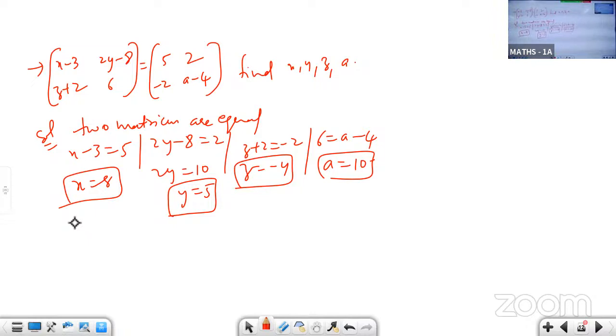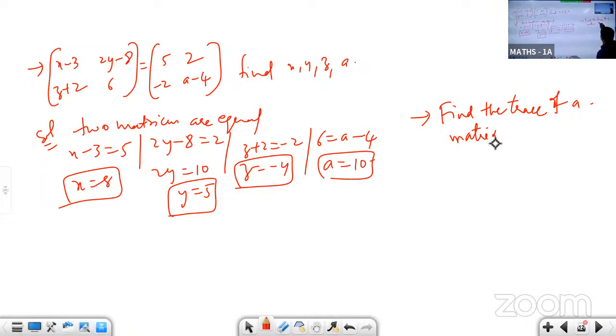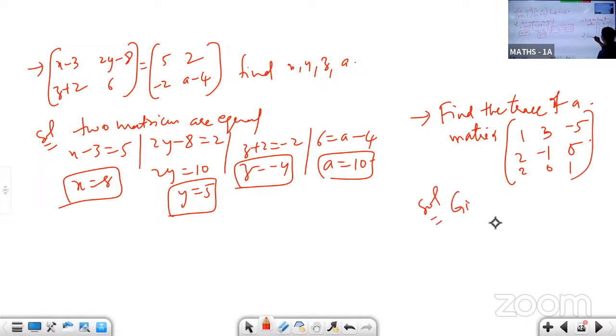Is it clear? Next, trace of a matrix. The next question is, find the trace of a matrix 1, 1, 3, -5, 2, -1, 5, 2, 0, 1. So, given matrix, let it be A. In order to find trace of a matrix, you should have a square matrix.